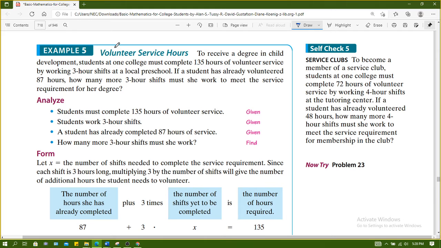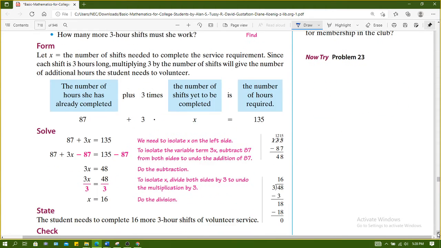Okay, so service volunteer. After that, you do also service club. So I will not read this to shorten the time of this video. So to form, you find a variable to represent the number of shifts needed to complete the service requirement.